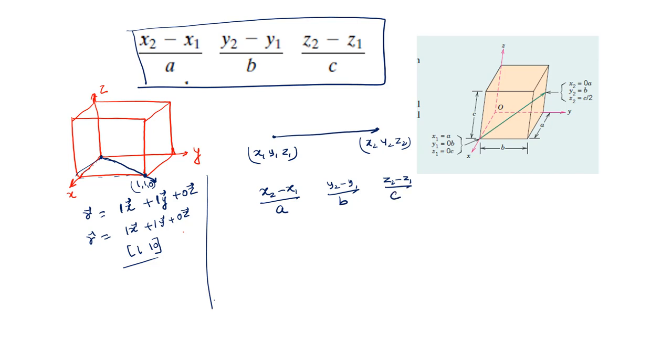This is the most useful formula. See guys, when we use the cubic one, this a, b, c are all equal to 1, so we can ignore them also, but let them be over here right now to understand.